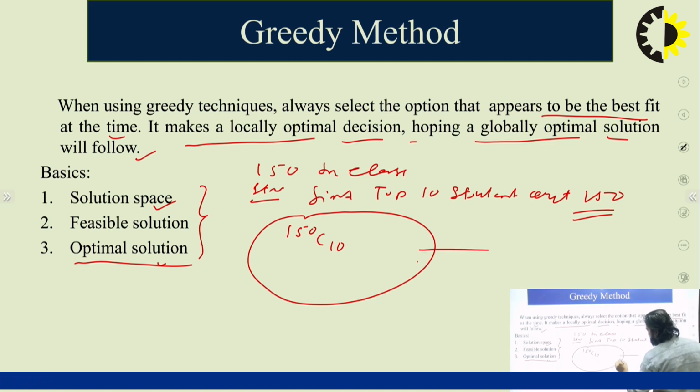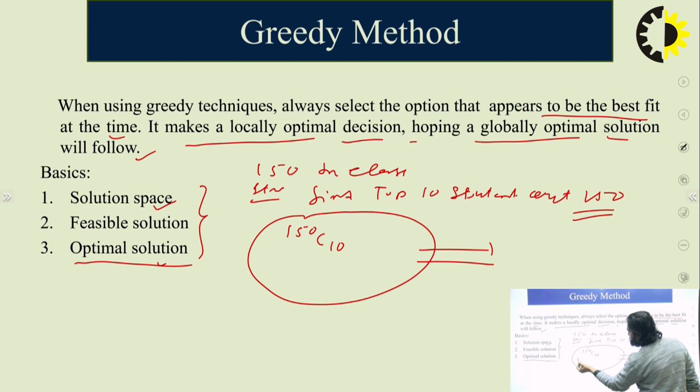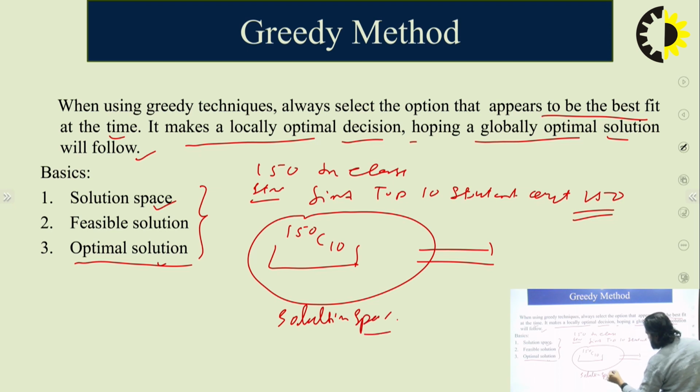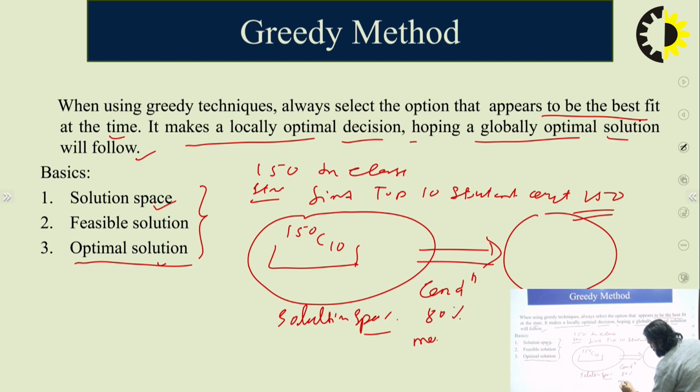And that's not a feasible solution, since there are so many possible combinations. We are finding the feasible solution. We obtain the feasible solution after applying the condition. The condition given is that students obtain more than 85% marks.